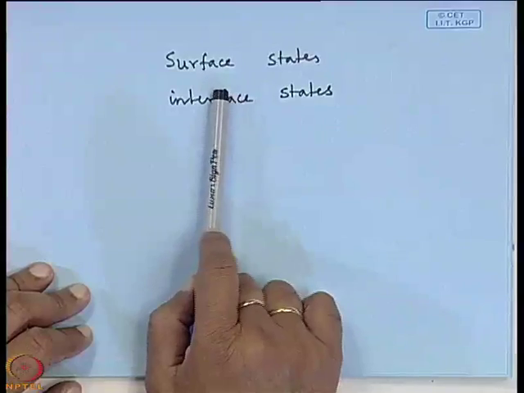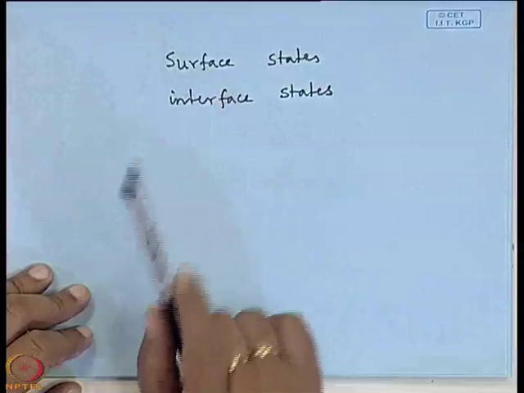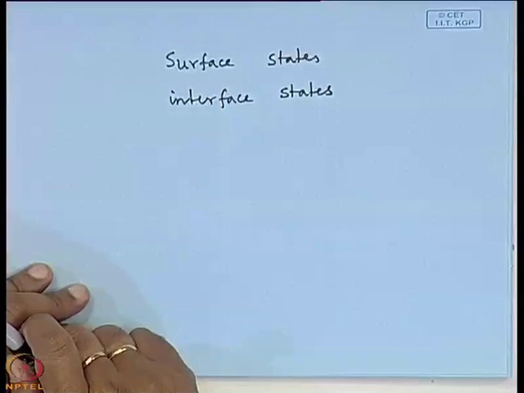The surface states are found due to the dangling bonds, that means unsaturated bonds at the surface, and any states are found in the band gap, obviously inside the band gap. What do those surface states do? These surface states pin the Fermi level.